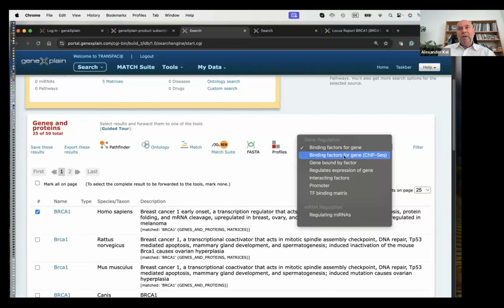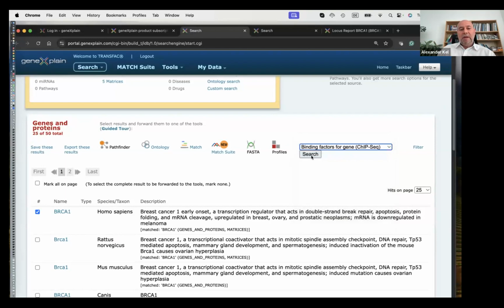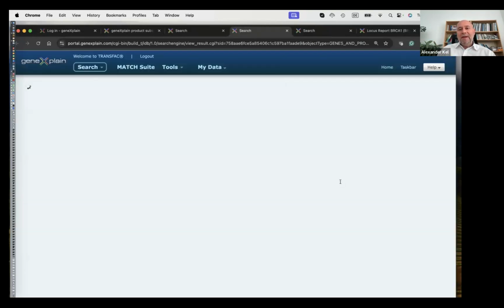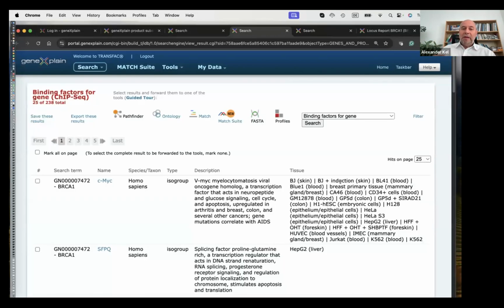So we're collecting ChIP-seq information in our database, and we can ask the same question: which transcription factors are binding to regulatory regions of my gene, which include the promoter of that gene, the whole body of the gene, and also the 3' end. So actually the whole area which can contain regulatory regions for the gene.